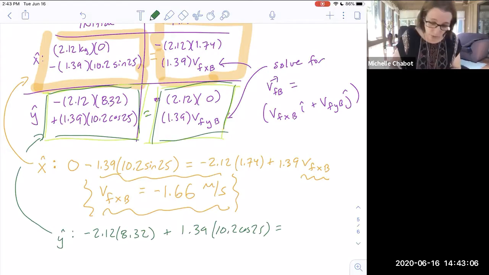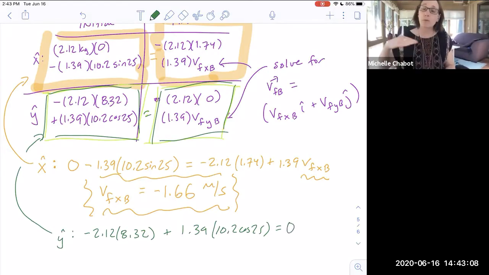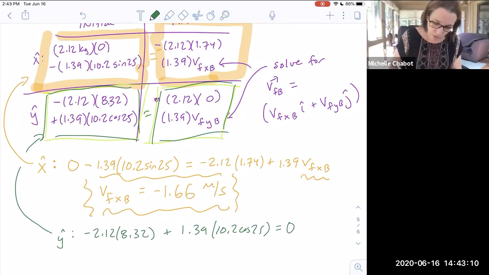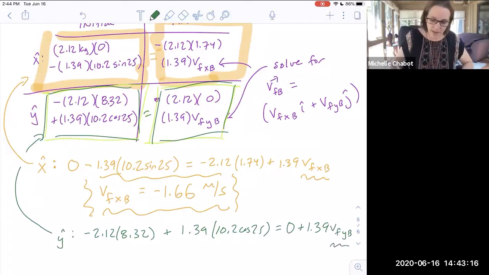In this case, one of those is 0 because A had no momentum in the y direction. So 0 plus 1.39 v final yB. And again, that's my only unknown for the final velocity of object B in the y direction.